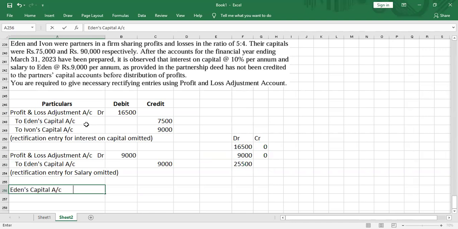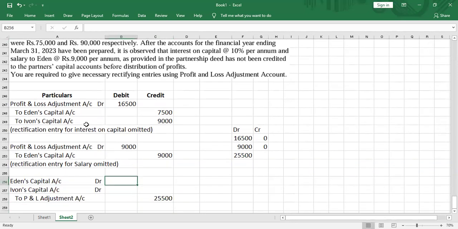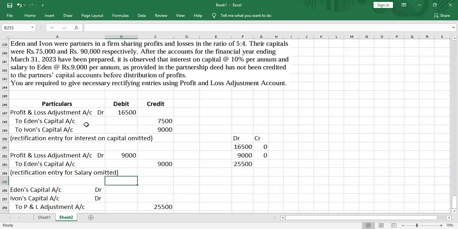So Eden's capital account debit, Ivan's capital account debit, to P&L adjustment account. And the amount will be, my dear children, 25,500. In what ratio? In the profit sharing ratio. If they give us a profit sharing ratio, yes, 5:4.